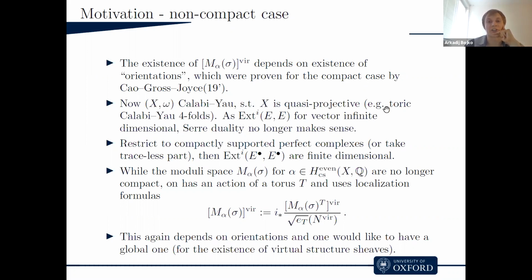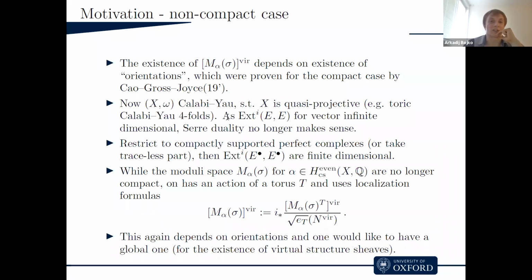This is a very rich family of Calabi-Yaus, and a bunch of examples that one would want to consider are exactly non-compact. For example, toric Calabi-Yau fourfolds are very important in string theory.